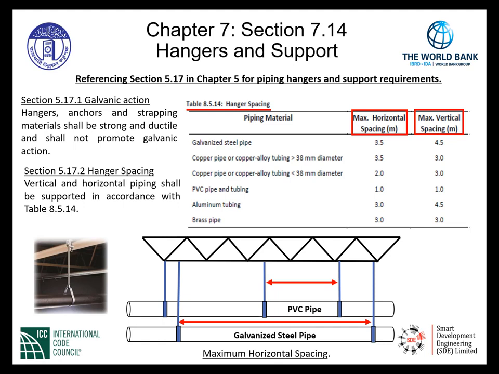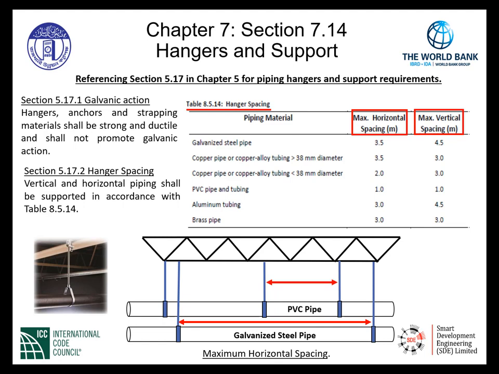Referencing Section 5.17 in Chapter 5 for piping hangers and support requirements, Section 5.17.1, Galvanic Action. We need to make sure that we do not have dissimilar metals in contact with one another. If we do, that may provide and even promote galvanic action. Section 5.17.2, Hanger Spacing.